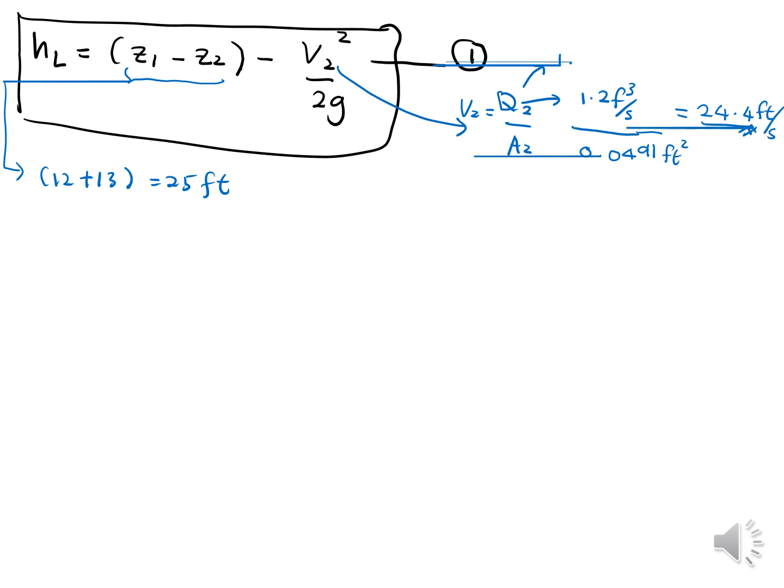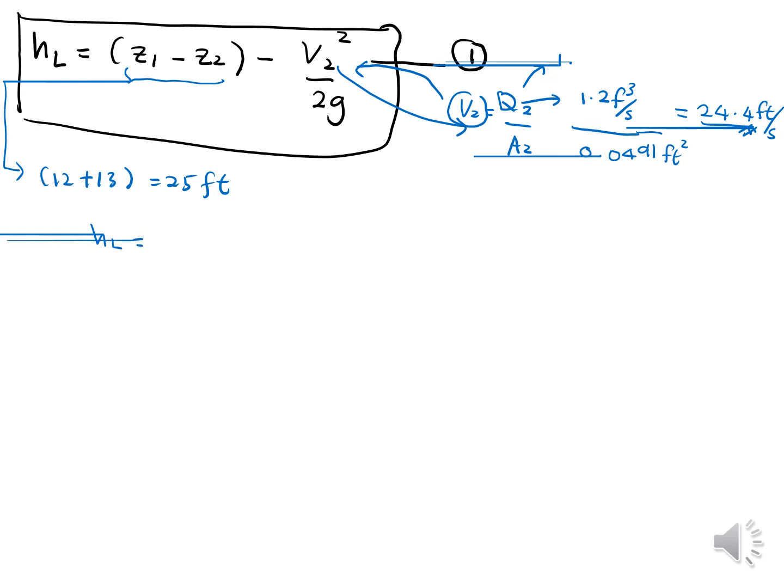So this is our V2. We substitute this V2 value into this equation and solve it, and at the end we managed to get our HL.